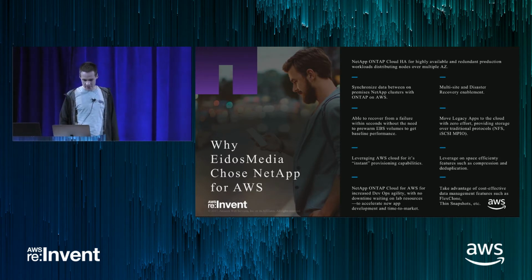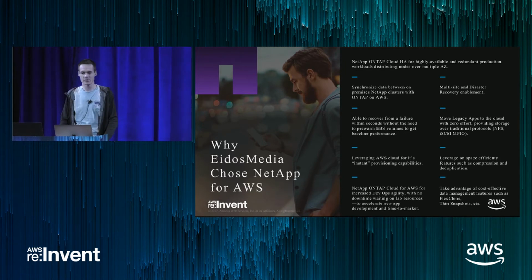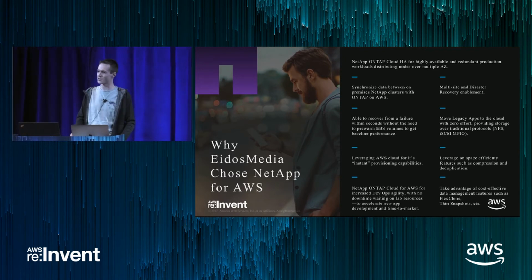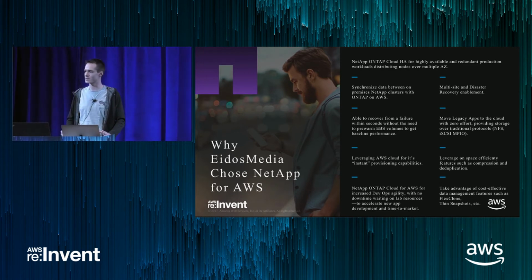The other thing is that we wanted to be able to recover from a failure within seconds without needing to pre-warm EBS. Every time you create a snapshot on AWS, all of these snapshots are stored on S3. And if you create another volume starting from a snapshot created before, the EBS will not perform at its baseline performance, whether it's GP2 or IO1, until you pull every single block.